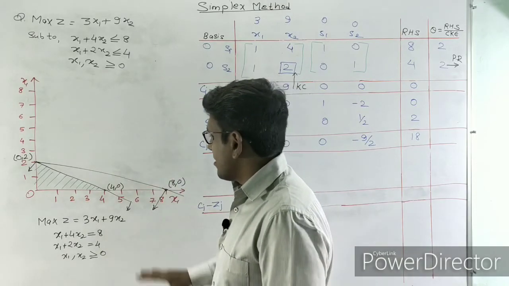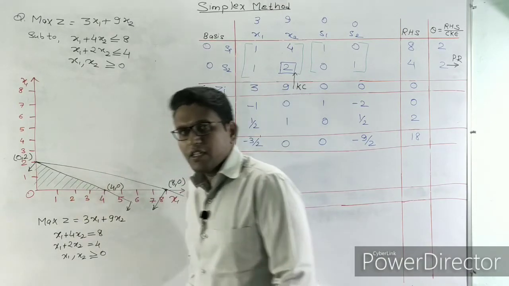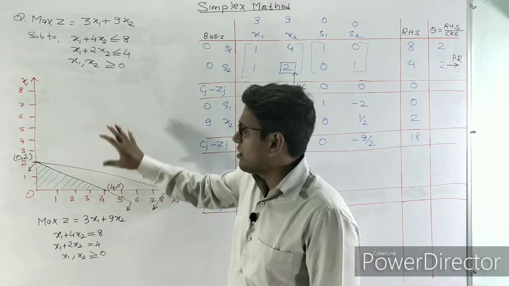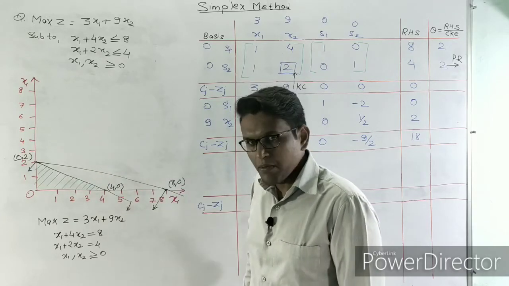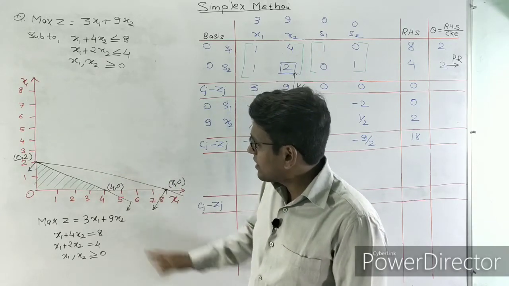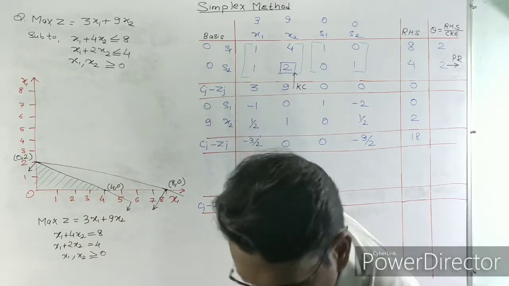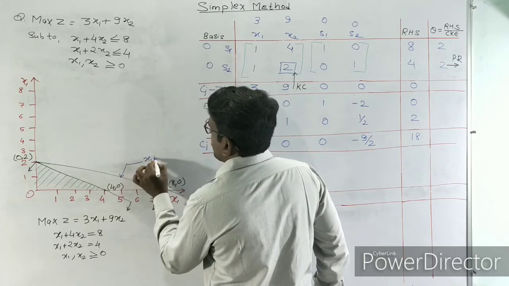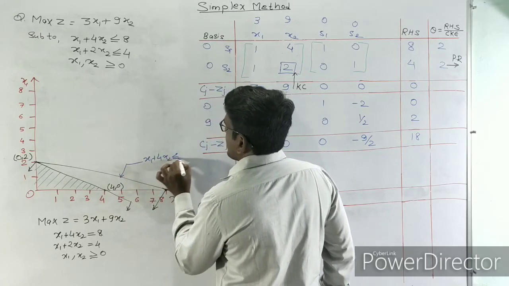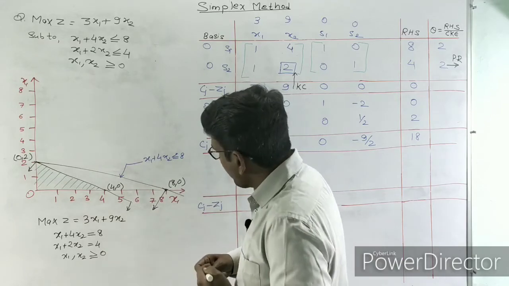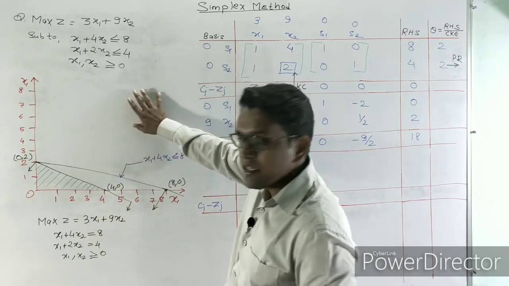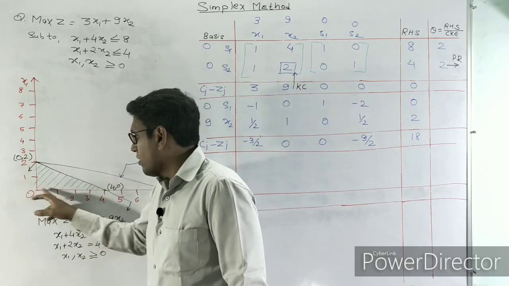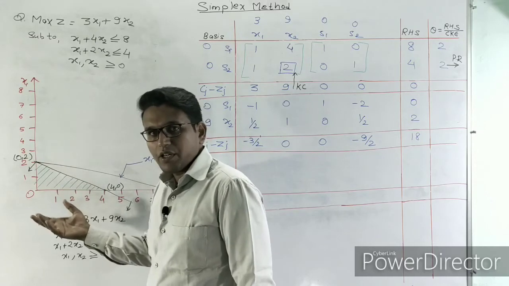Now as per the problem, there are two constraints, but if you analyze the graphical view of this problem, you can easily understand that there is one constraint, x1 plus 4x2 less than or equal to 8. If I remove this constraint completely from the problem, there will not be any effect on the feasible region or on our objective function.